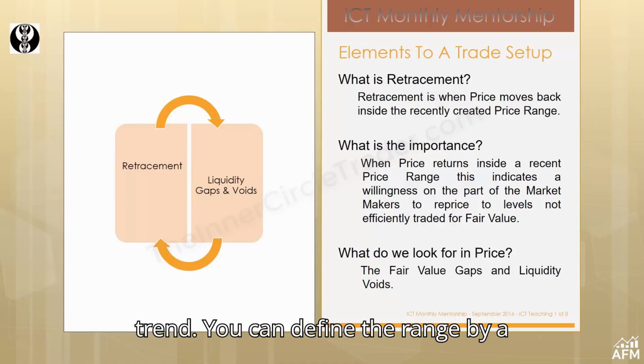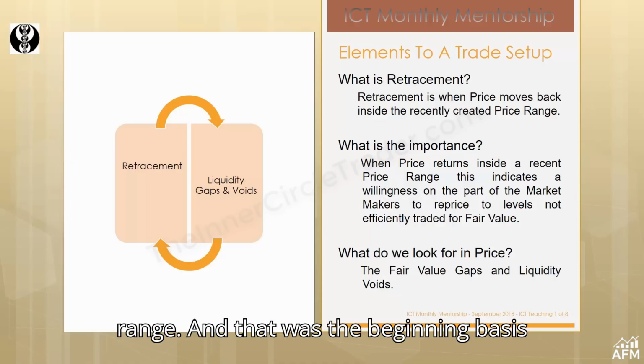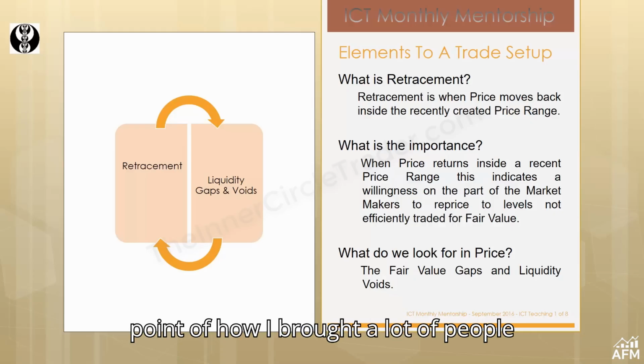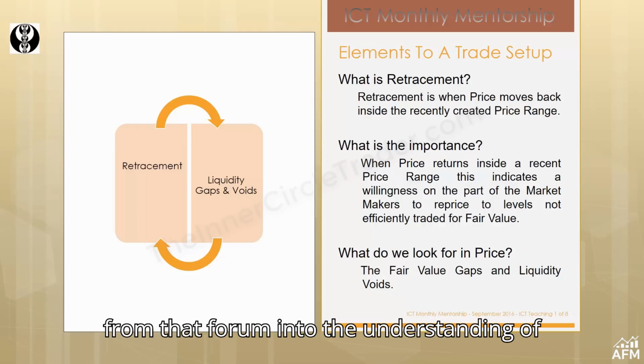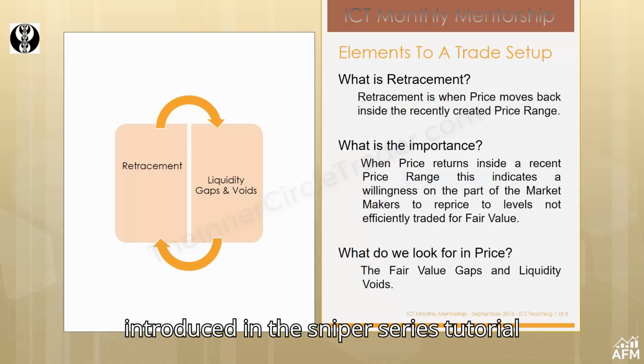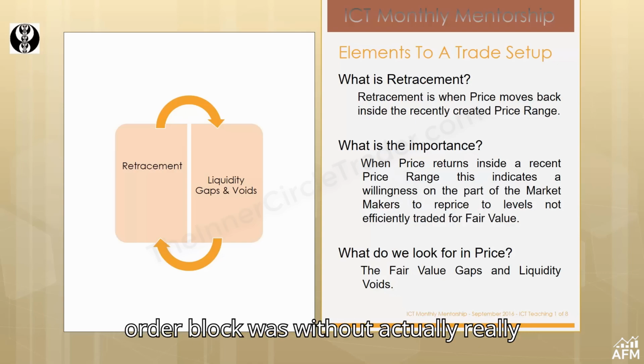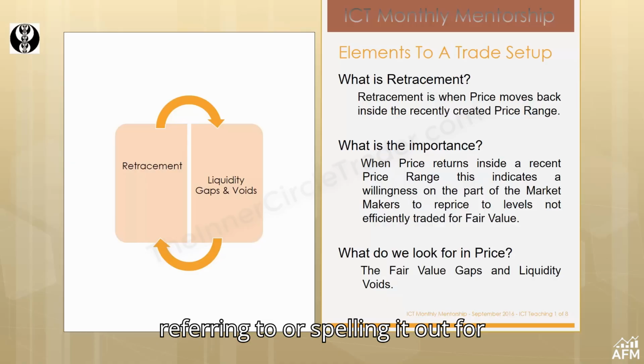You can define the range by a high and a low and trade inside that range. And that was the beginning basis point of how I brought a lot of people from that forum into the understanding of an order block. The order block was introduced in the Sniper series tutorial on my website, but prior to that I just gave indications and clues about what an order block was without actually spelling it out for everyone.